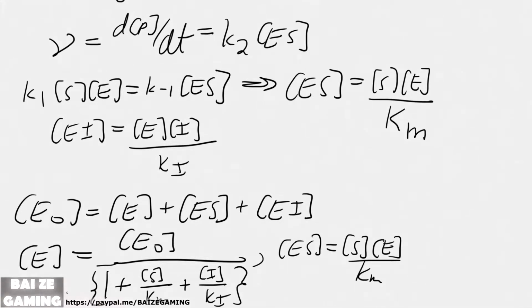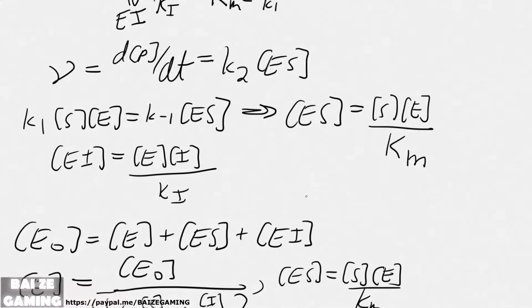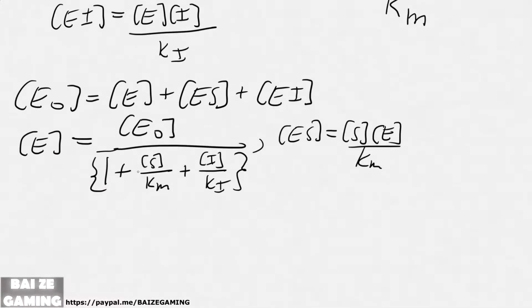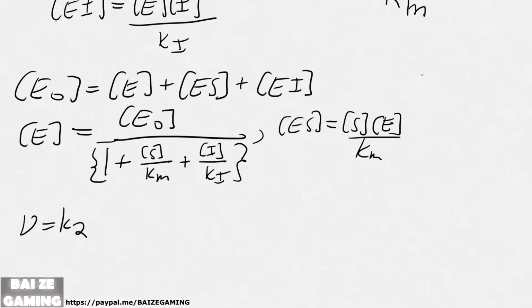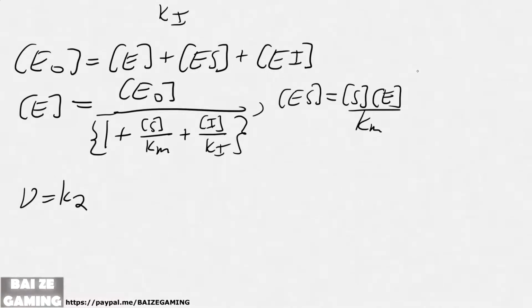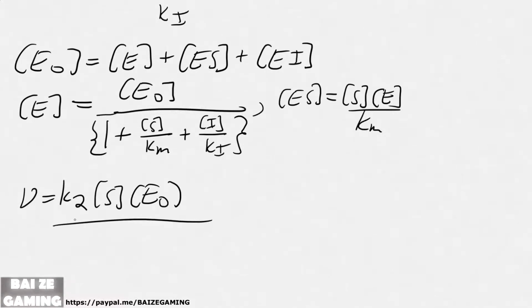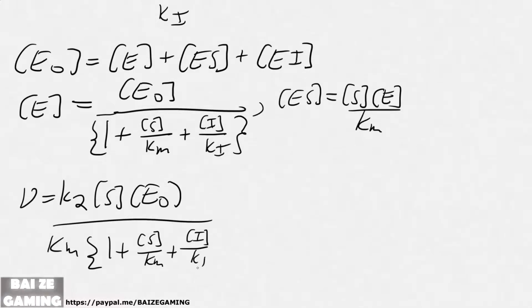And now we have to plug this back into ES, and we plug ES into the product formation rate. And then it's k2 ES. Yep. And yeah, it's just putting it back into this equation.